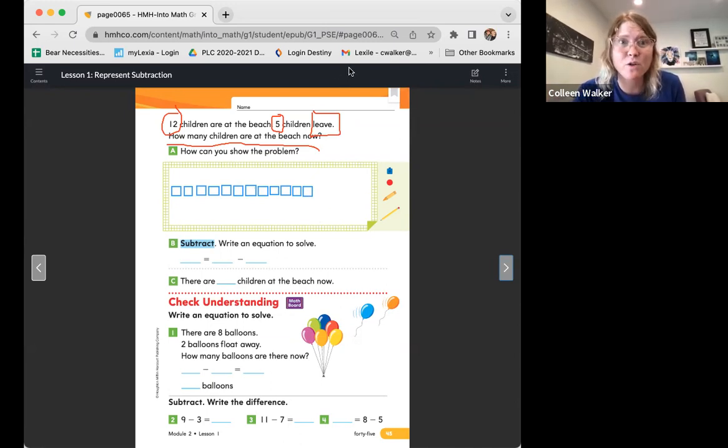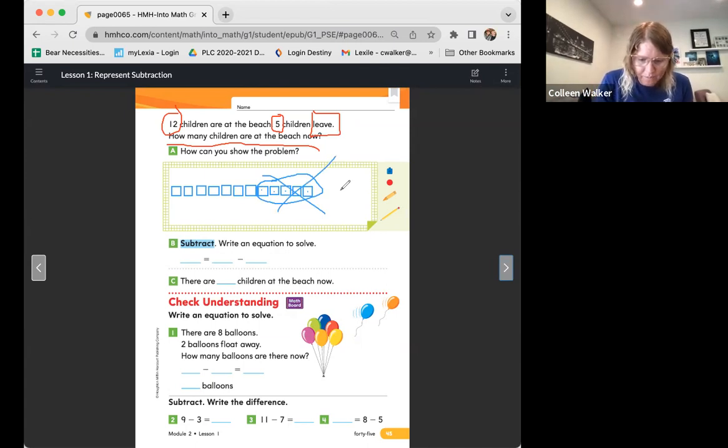5. That's right. So if 5 children left, I think we need to circle 5 and cross them out. So let's count. 1, 2, 3, 4, 5. Let's circle these. And if they left and they're not there anymore, we can just cross them out because they're not at the beach anymore.